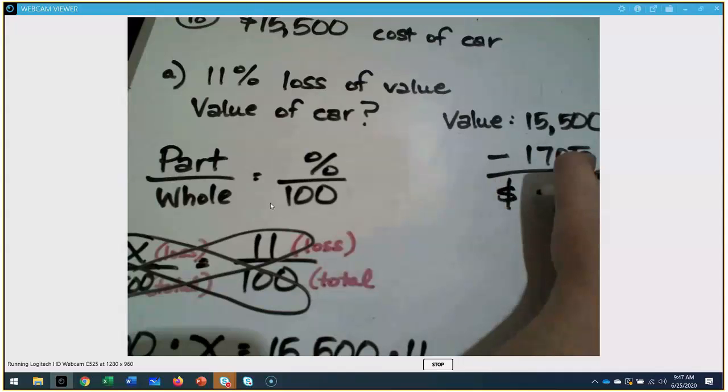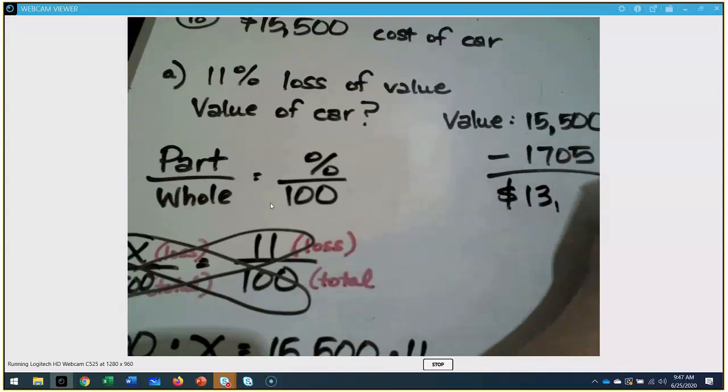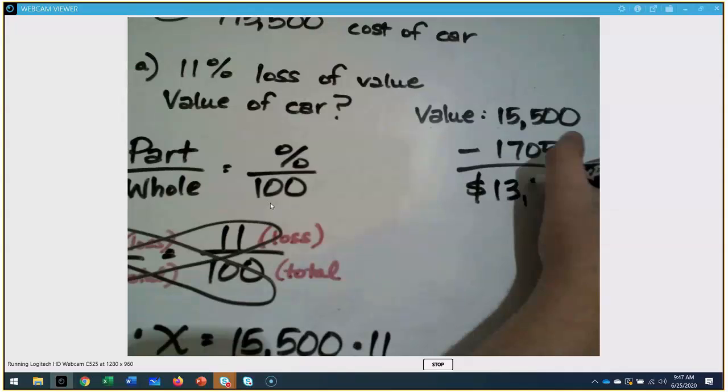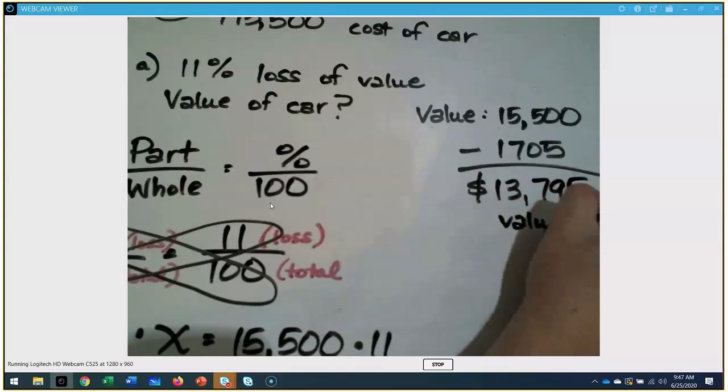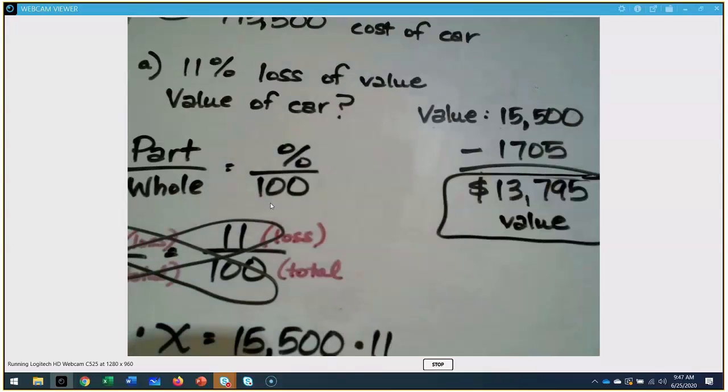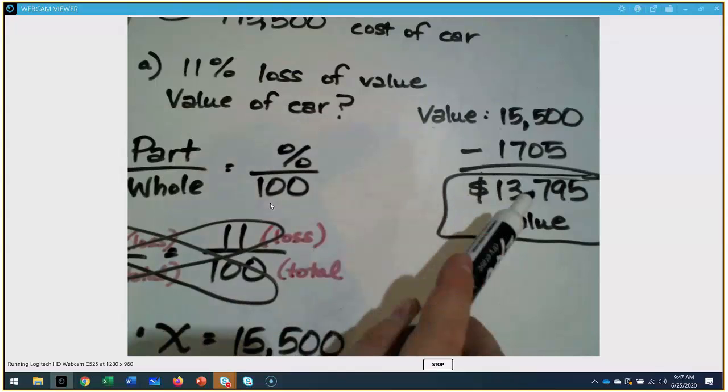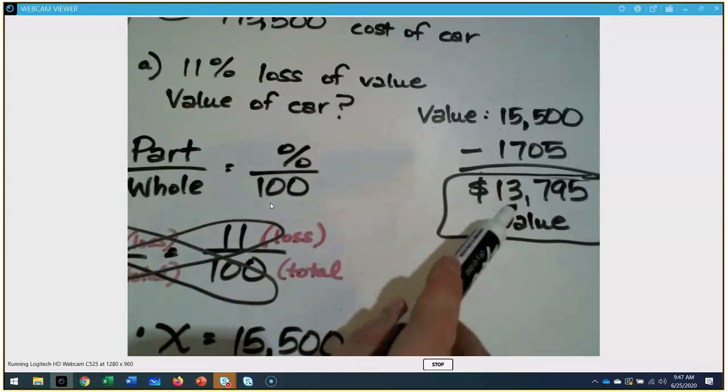That means the car will be worth $13,795, which makes a lot more sense. It's a brand new car. You drive it off the lot, it's still worth a lot of money.